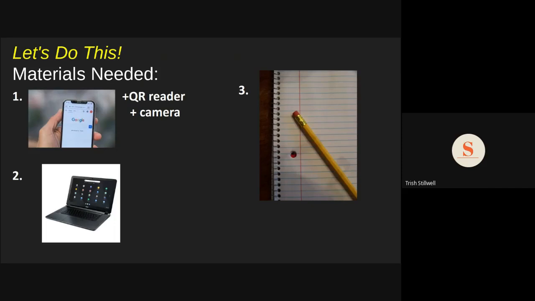Second thing you will need is your Chromebook. And the third thing you will need is paper and pencil. I want all three. If you don't have paper, email me and I will drive to your house and bring you some paper. It can be construction paper, notebook paper. If you've got a binder, you just need something to write with and something to write on. Go ahead, take a minute and gather your materials.